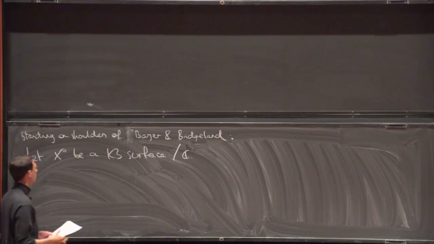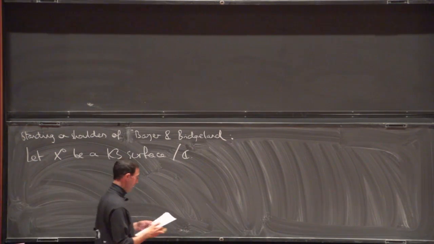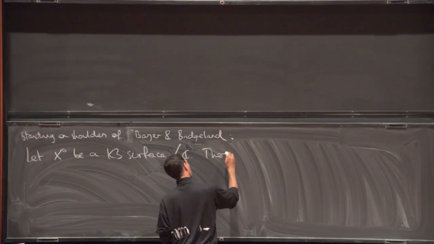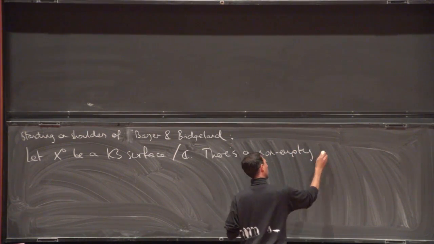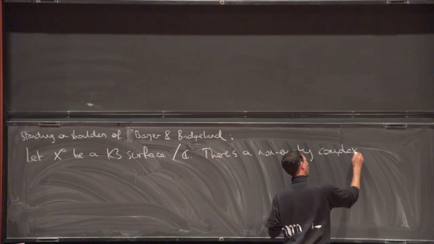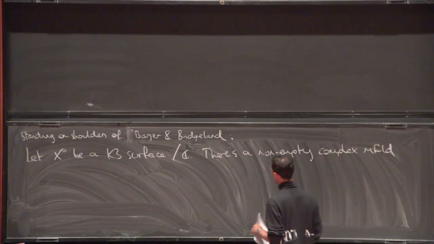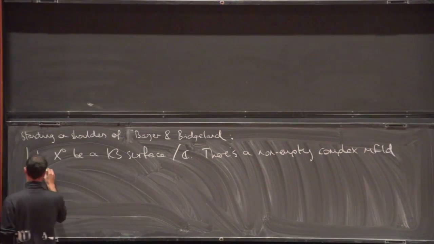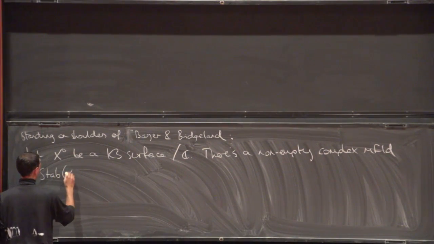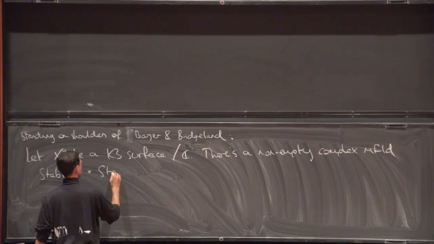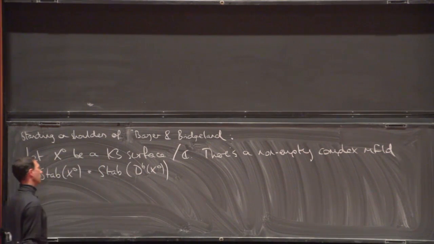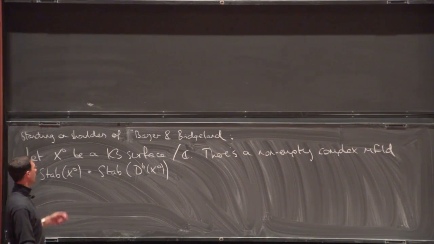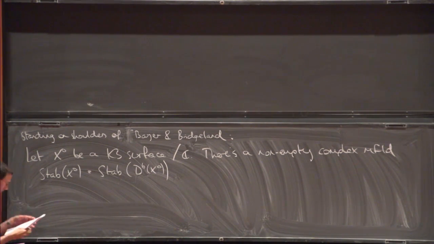So let X naught be a K3 surface over C. So there's a non-empty complex manifold which is really associated to the triangulated category, which is the bounded derived category of coherent sheaves on X naught, called the space of stability conditions.